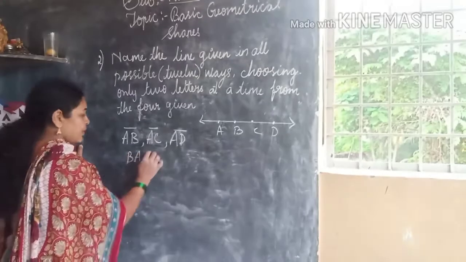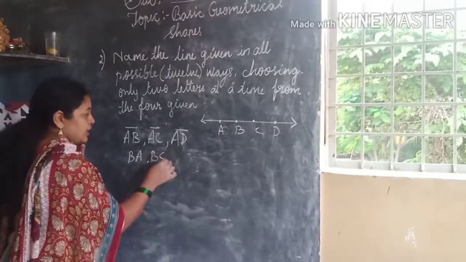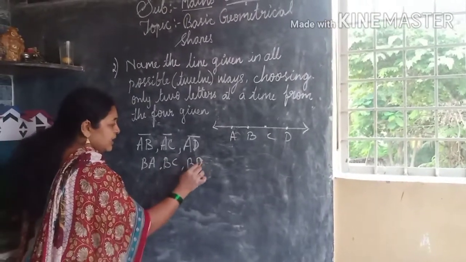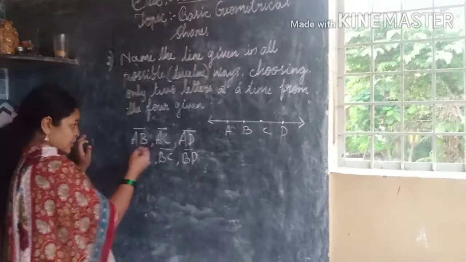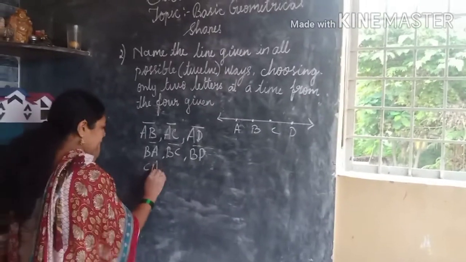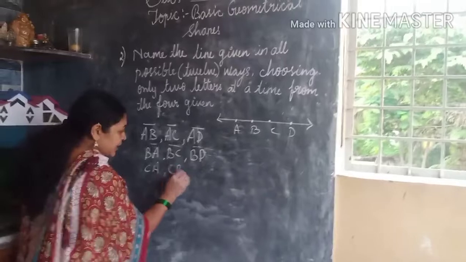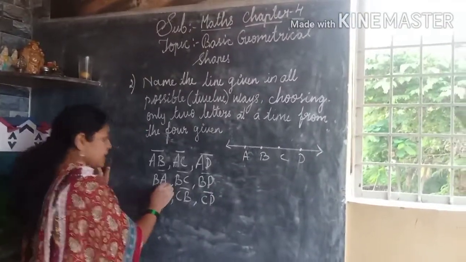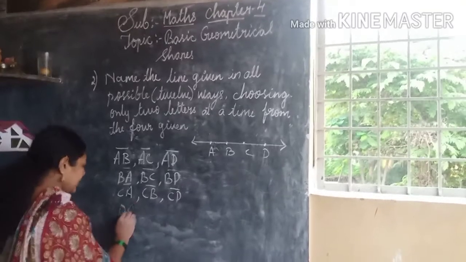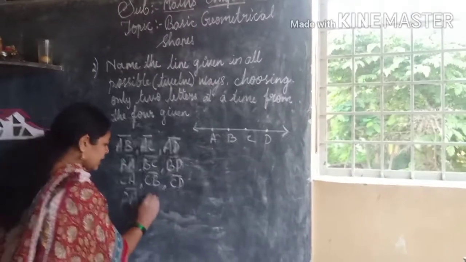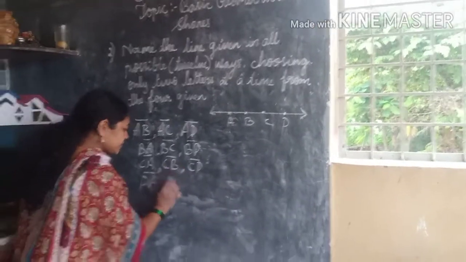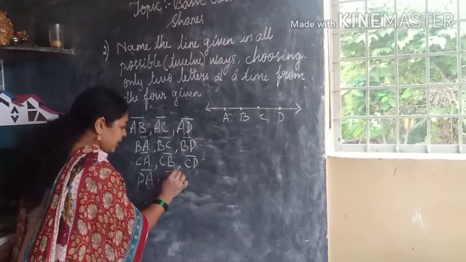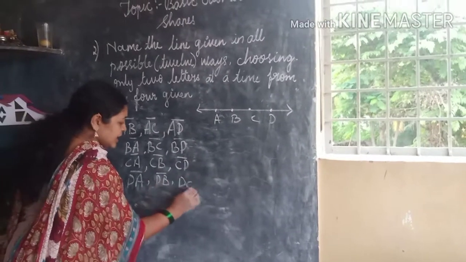Okay, we'll next move on to BA, BC and BD. Next we will see CA, CB and CD. Next DA, DB and DC.